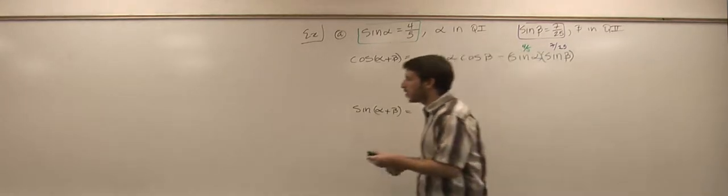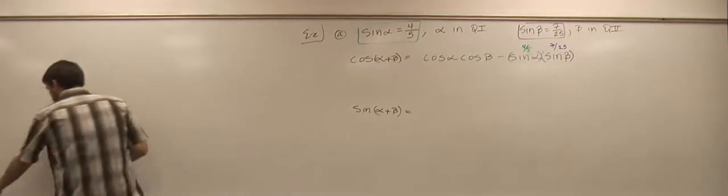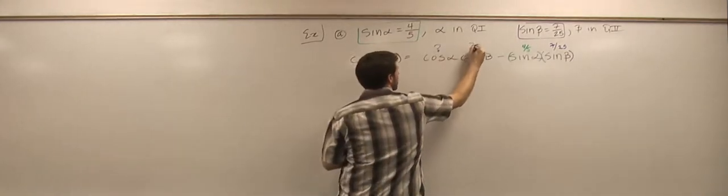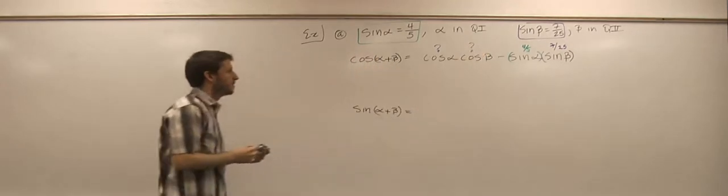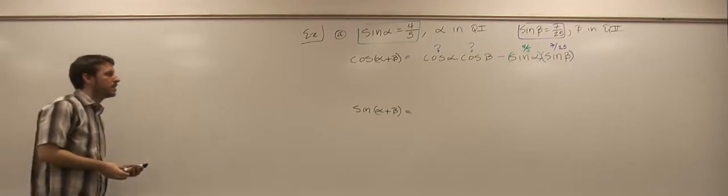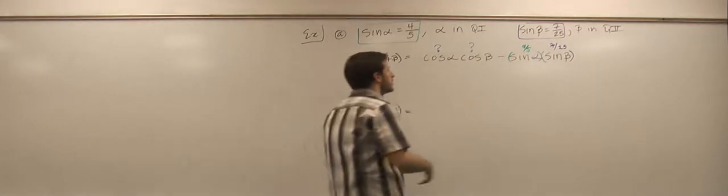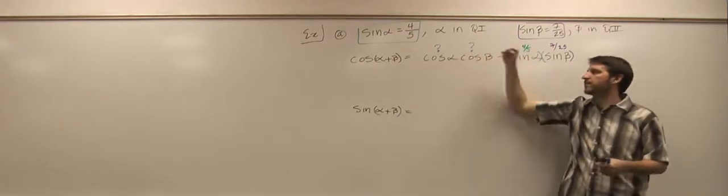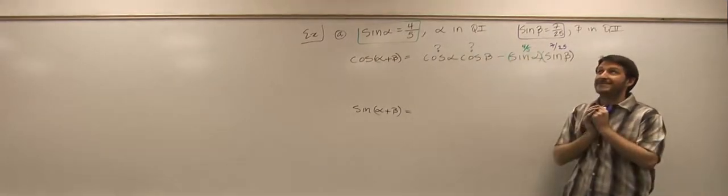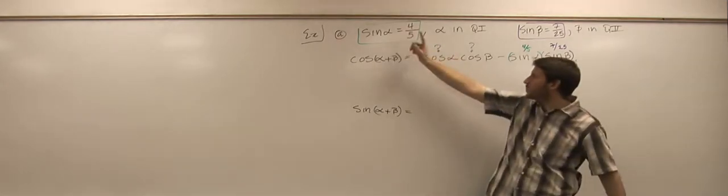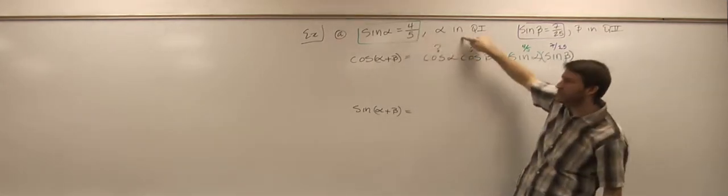What I don't know are the cosines. These are my unknowns at this point. So how can I use this information to figure out what cosine alpha and cosine beta are? Draw a triangle. Absolutely. If you have sine and you want cosine, you can draw a triangle as long as you know what quadrant you're in.